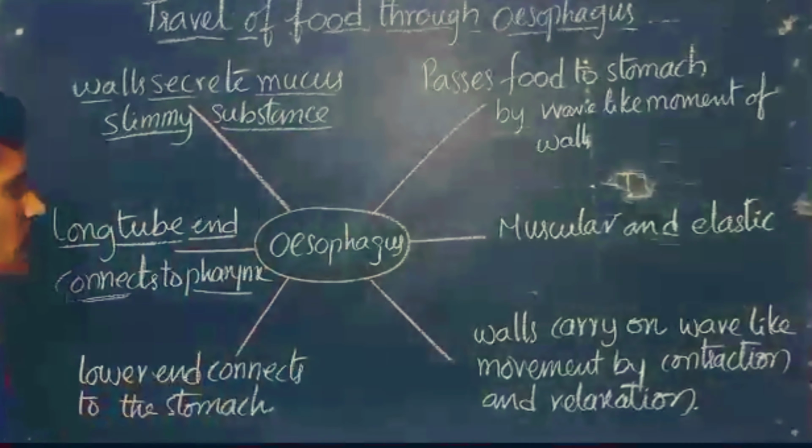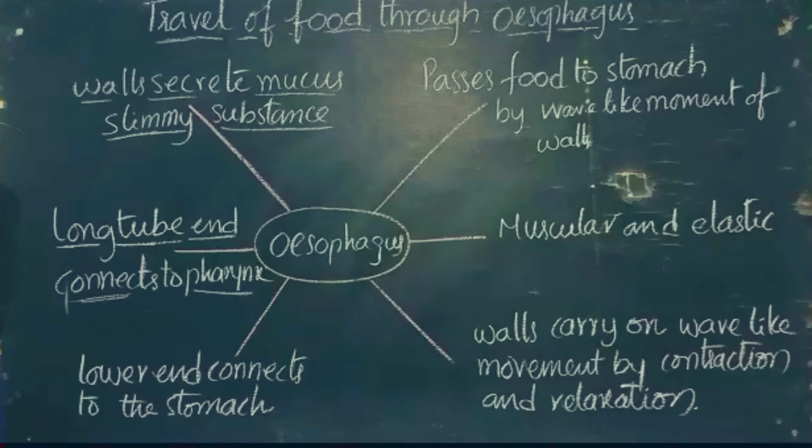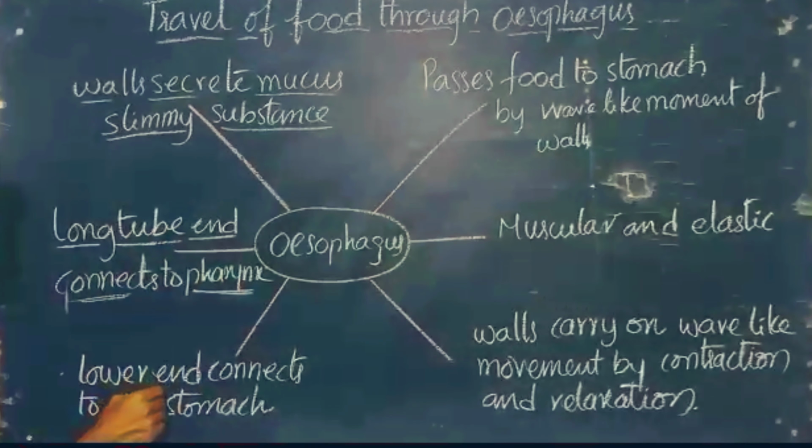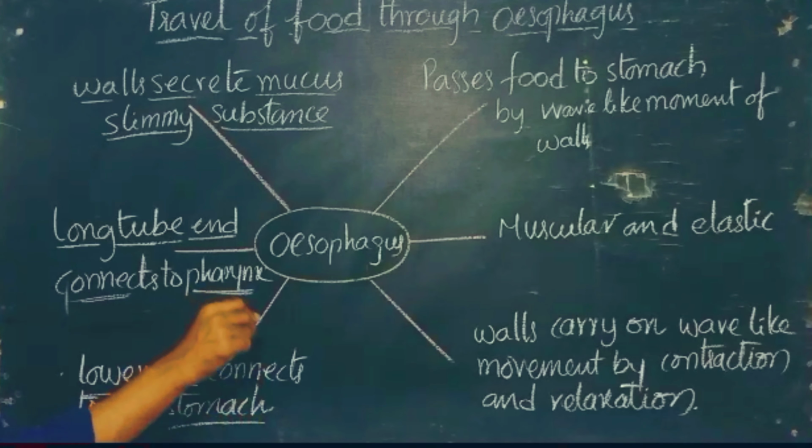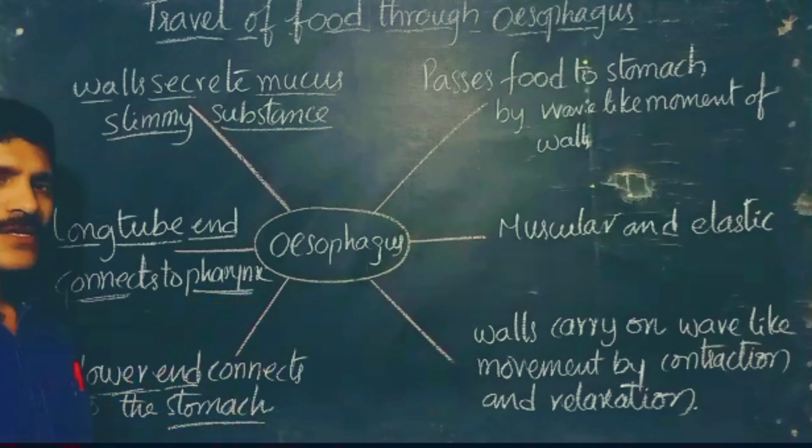It is the initial part of the esophagus. Another important thing is the lower part. The upper part is connected to the pharynx, whereas the lower end is connected to the stomach.